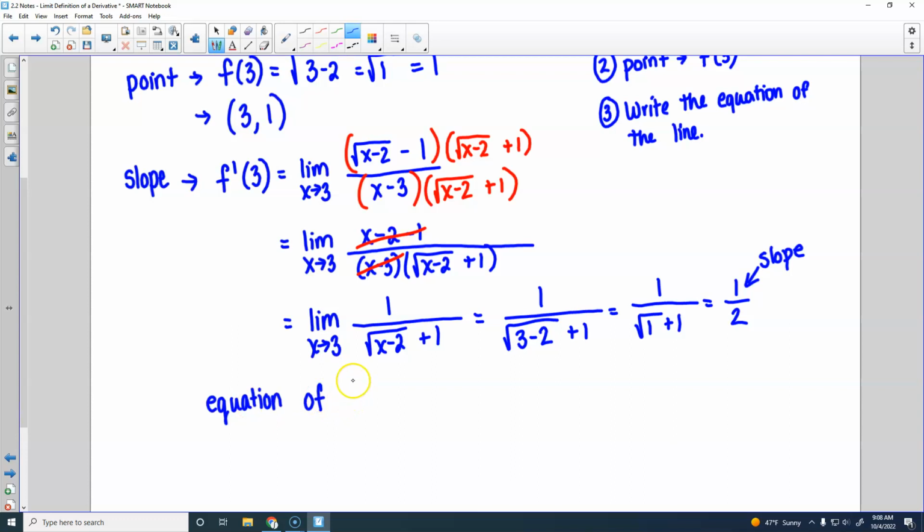I don't think you have to label this equation of tangent line at x equals 3, and you're just going to say y equals 1/2 (x minus 3) plus 1. And you're going to leave it like that.